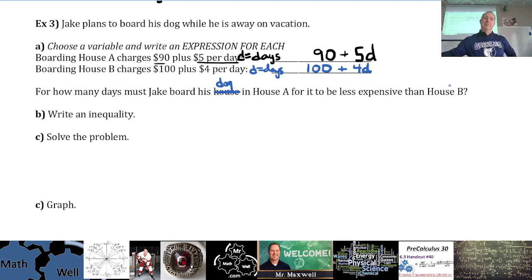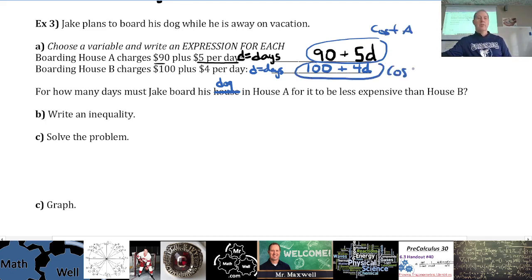Okay, so I need to find out a D, number of days, where A is less expensive than B. Remember, this is the expression for the cost of house A, and this is the expression for the cost of B. So I want house A to be less expensive than house B. So an inequality might be house A is less than B. And I want to write the actual cost.